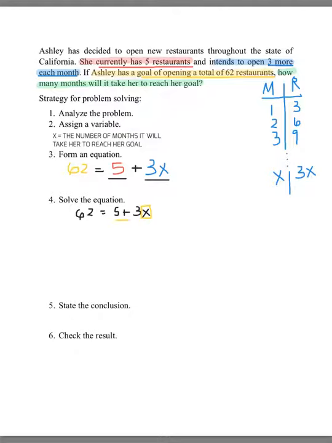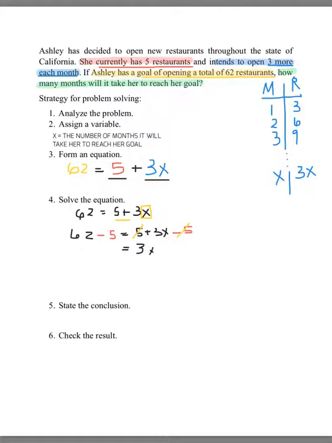So we're going to go ahead and subtract 5 from both sides, so we'll end up with 62 minus 5 is equal to 5 plus 3x minus 5. Again, we have to subtract from both sides of the equation, not just one. And on the right-hand side, the positive 5 and the negative 5 simplify out, and we're left with simply 3x.